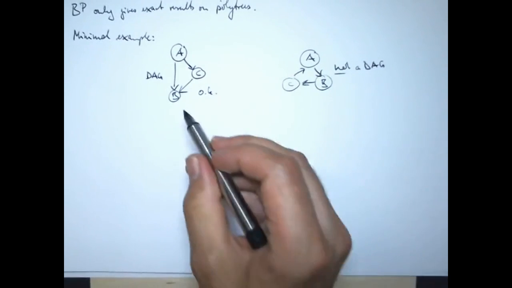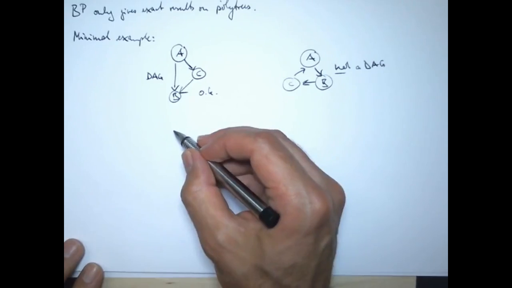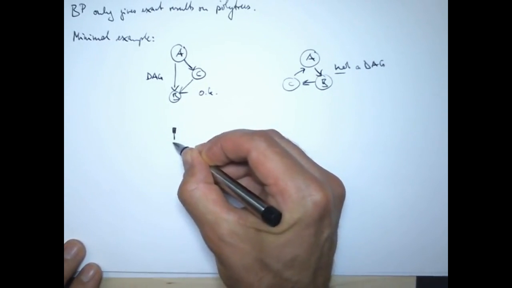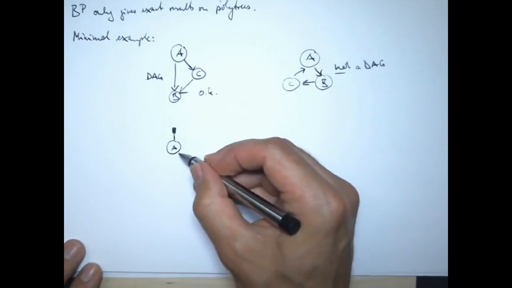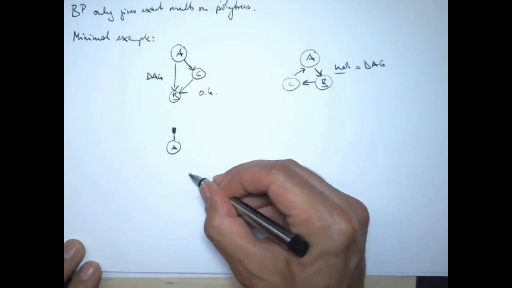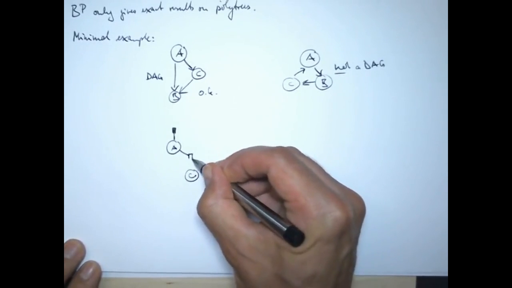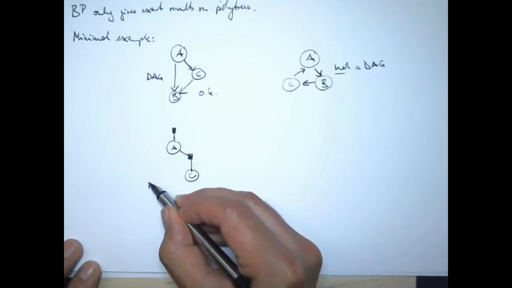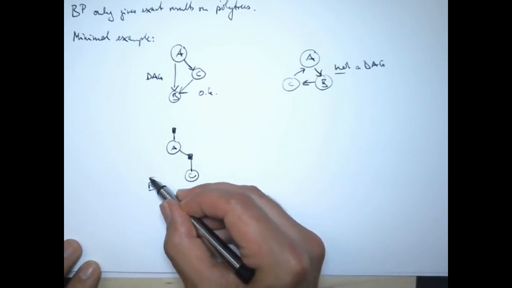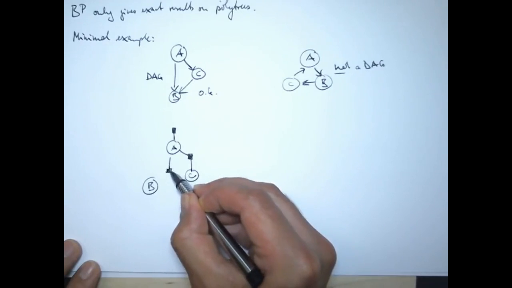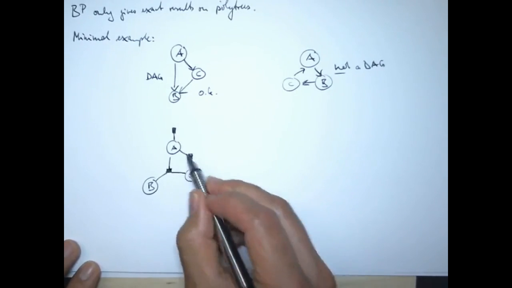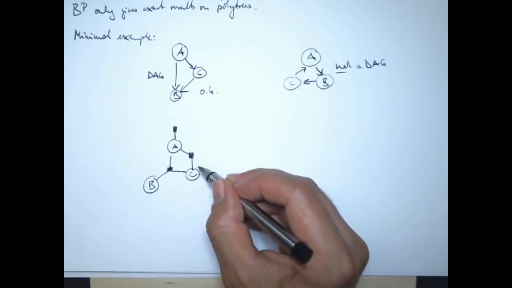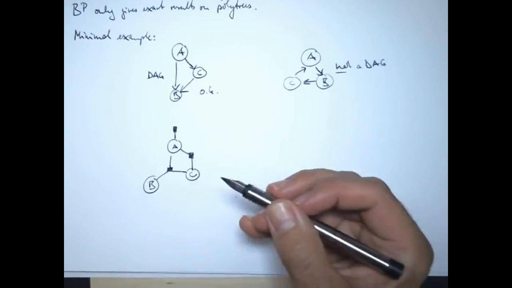So I can draw the equivalent factor graph here. I have a prior probability of A. Then a factor depending on A and C. Here a ternary factor connecting A, B, and C. And let's say I'm interested in the marginal probability of B. So I would send messages here.